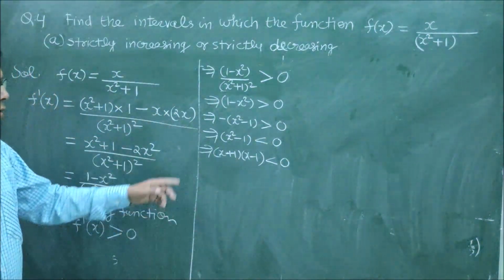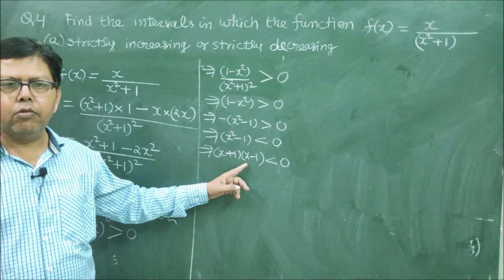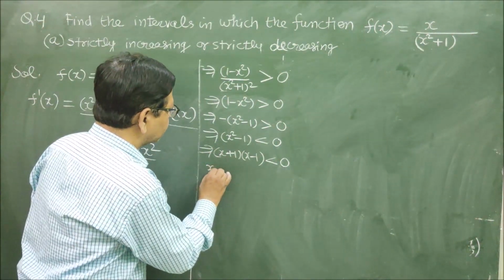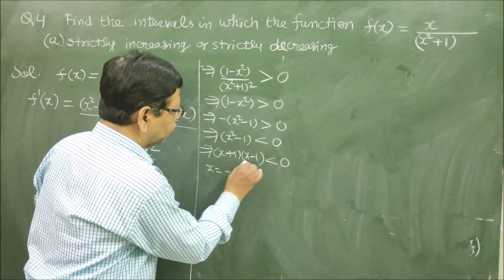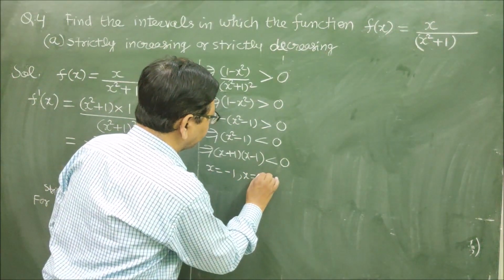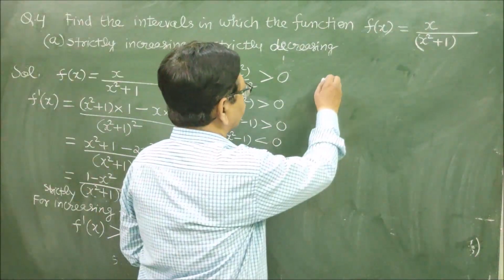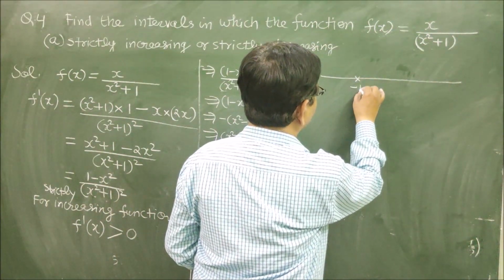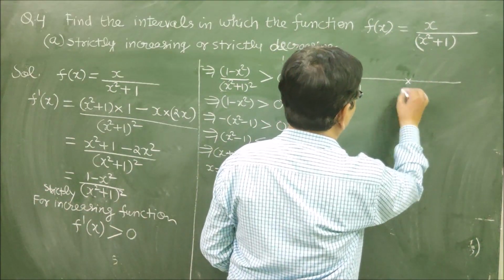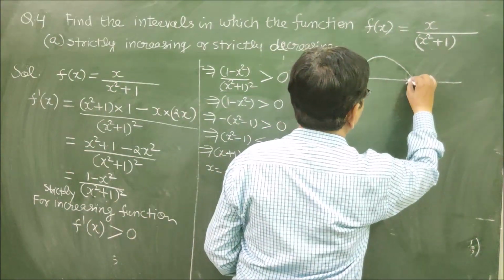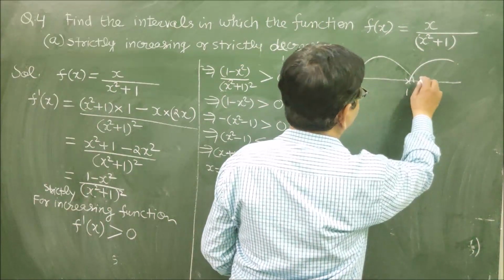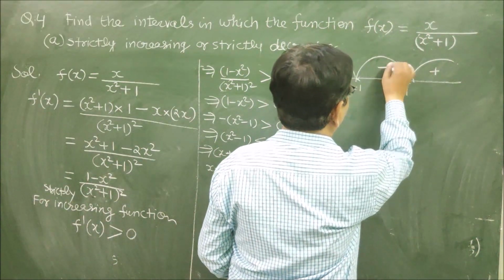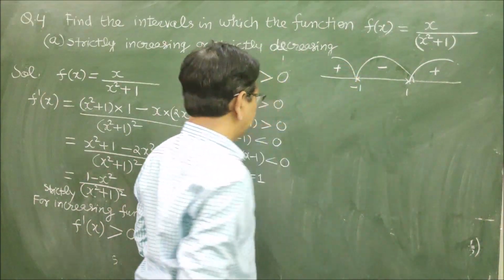We will solve this by wavy curve method, and here the critical points are minus 1, putting it equal to 0, and 1. So let us write these numbers on the number line. Minus 1 is smaller, so first minus 1 and then 1, and then this wavy curve sign, then plus on the right side, then minus and plus.